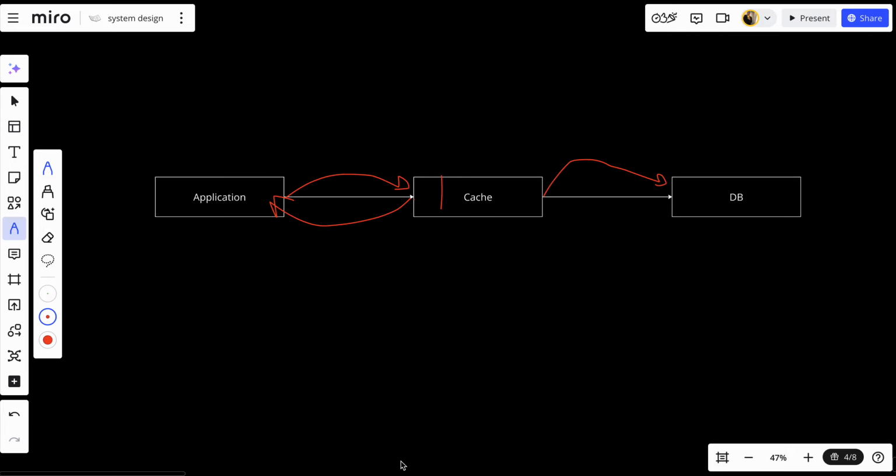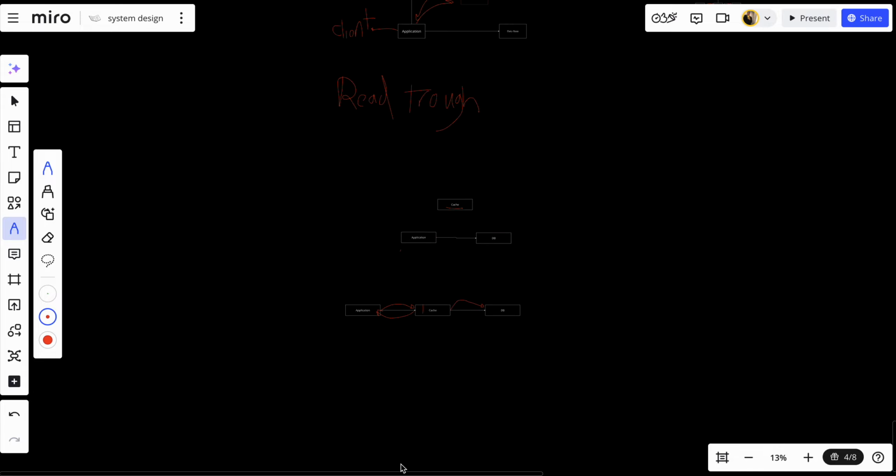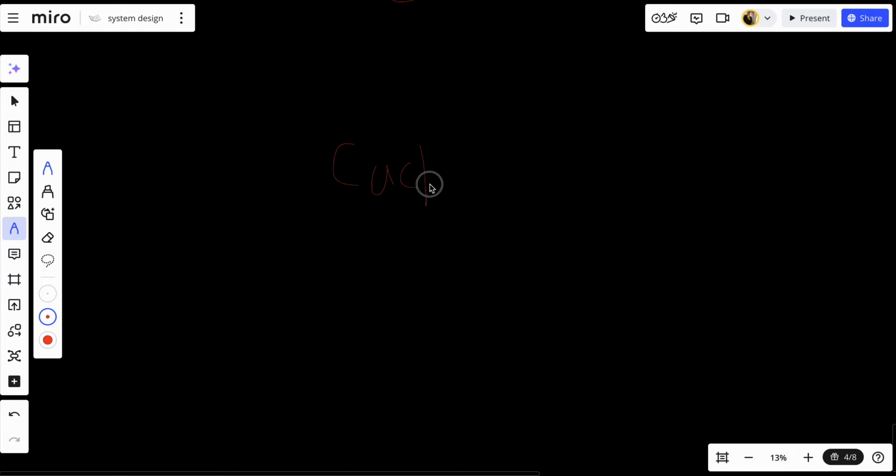Okay, let's talk about how to choose the right strategy. We did talk about four different strategies. I would say if your system is read heavy and data freshness is not critical, use cache aside. Let's make it quite bold.